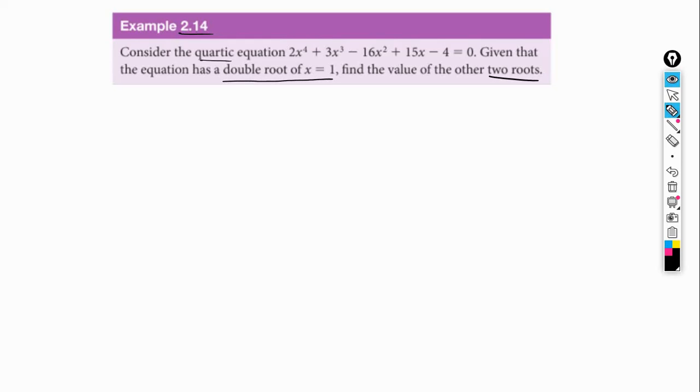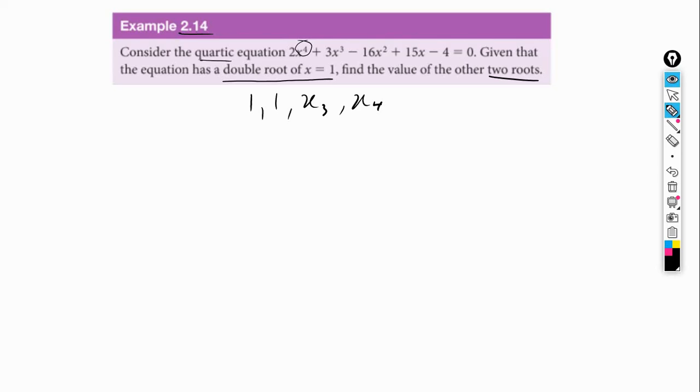So we know that it has 4 roots because it is quartic, in other words, degree 4. So it has a double root of x equals 1, right? So that means it has 1, 1, and then 2 more roots that we're going to call x3 and x4.